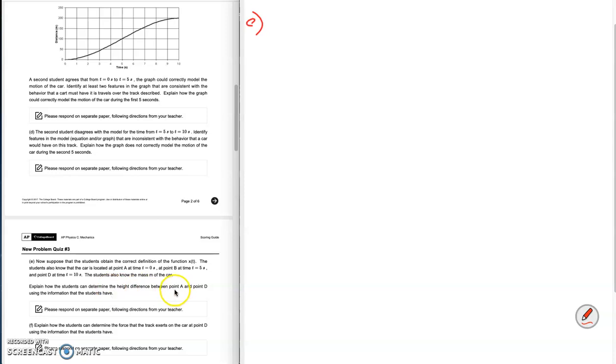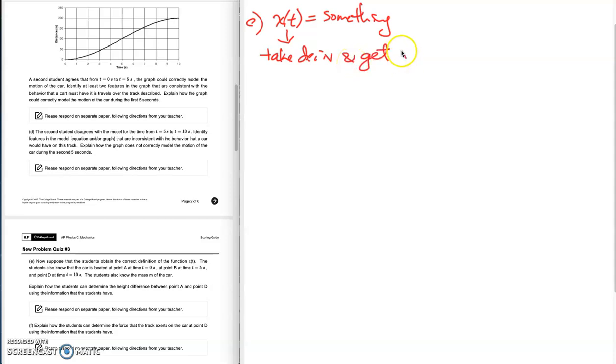Now, how are we going to determine the height difference from A to D now that we have the correct model? So now we have x of t equals something. So, if we have x of t equals something, that means that we can take the derivative and get v of t.